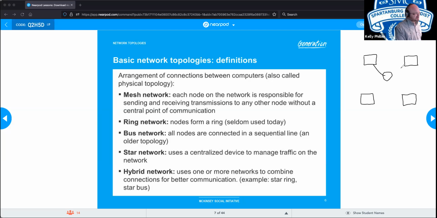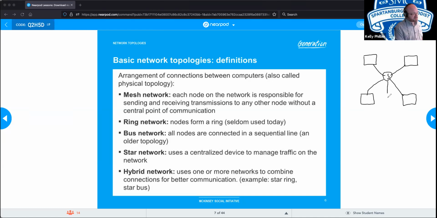Mesh network is a hybrid network. Apologies, hybrid is a combination of two or more networks. Most common you will find would be star bus.